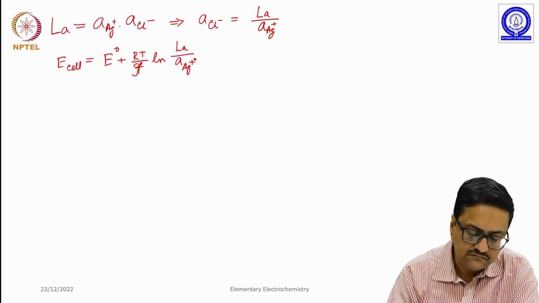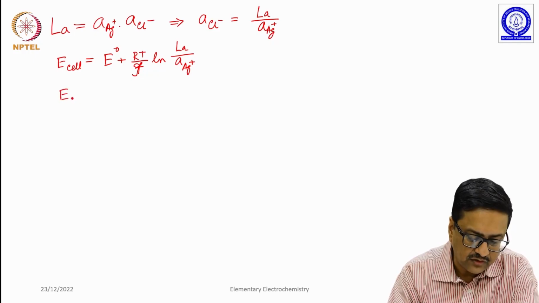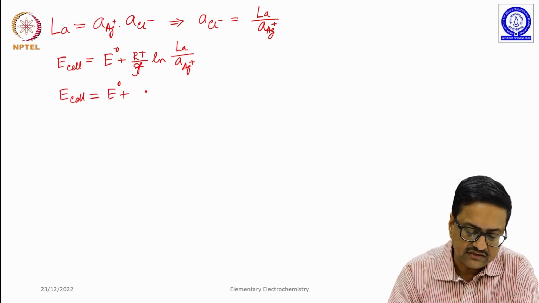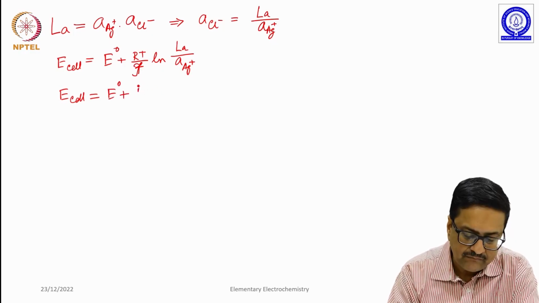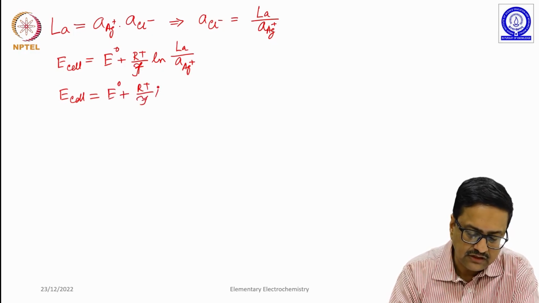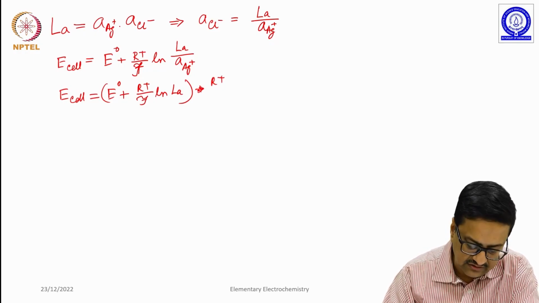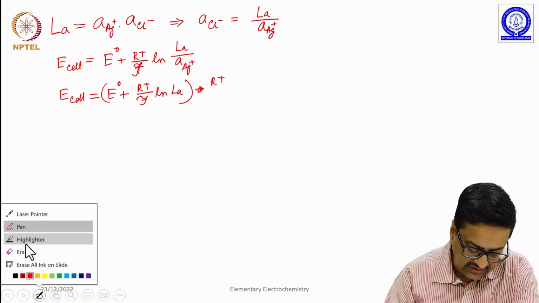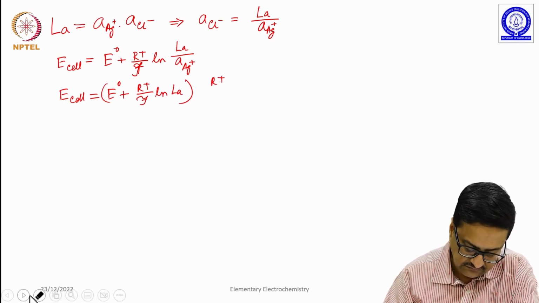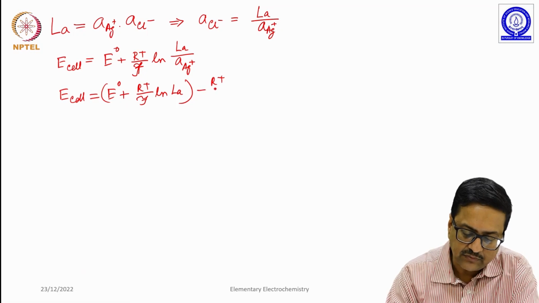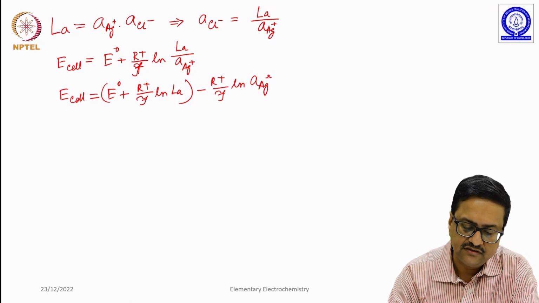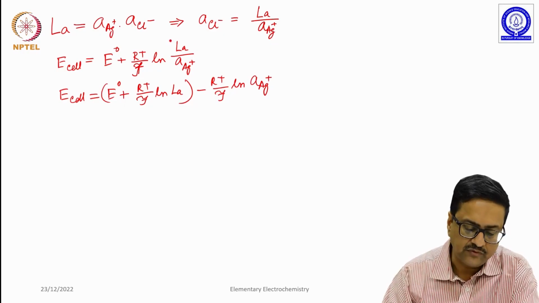So, now we again break it down. E cell equal to E0 plus RT by F ln La, or rather we should use a minus sign, minus RT by F ln activity of Ag plus. You see, from numerator it has come to denominator.